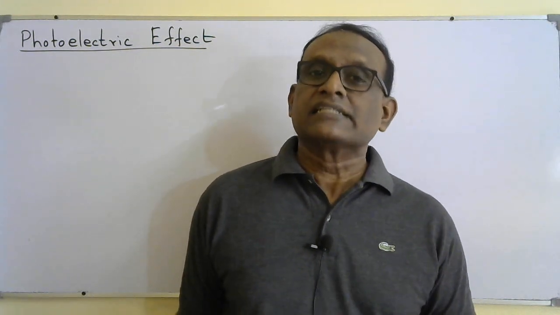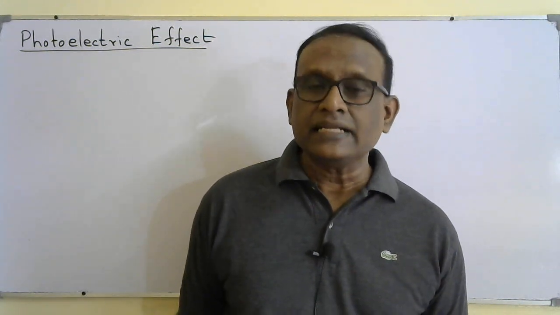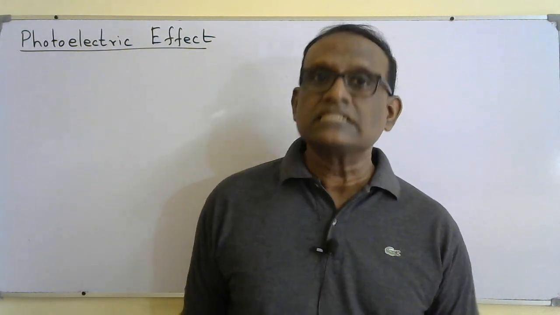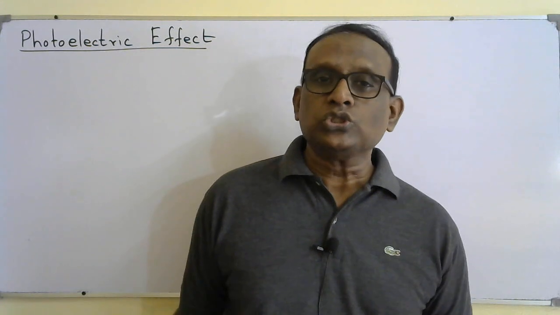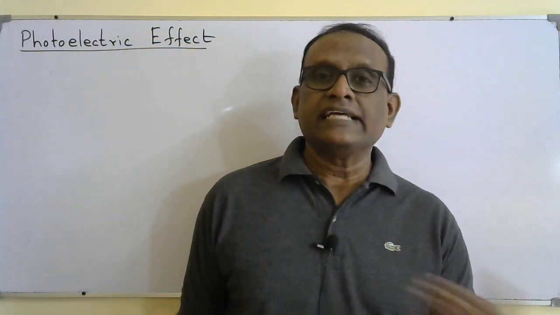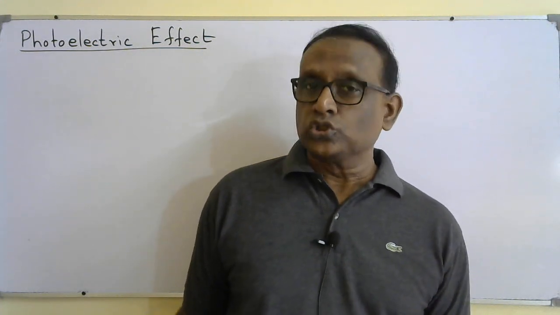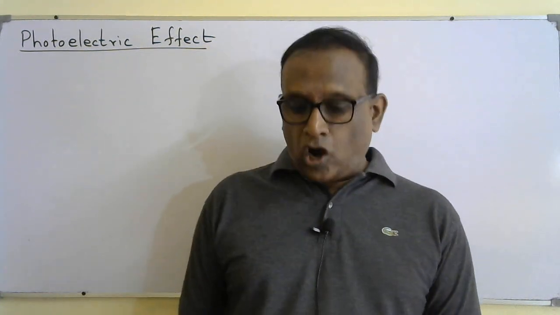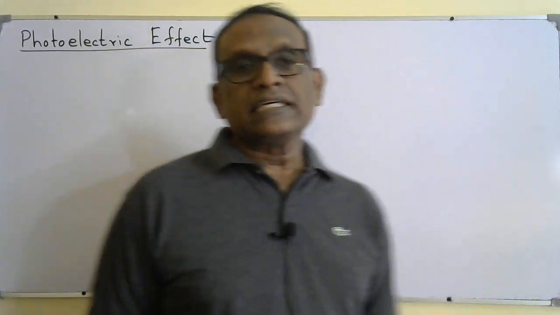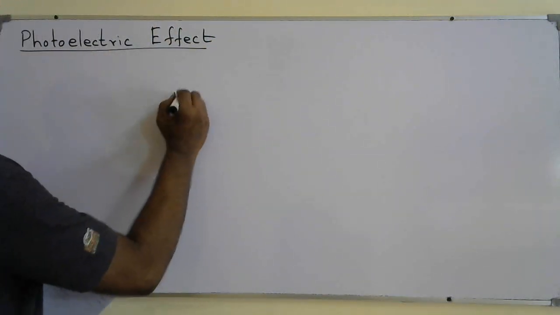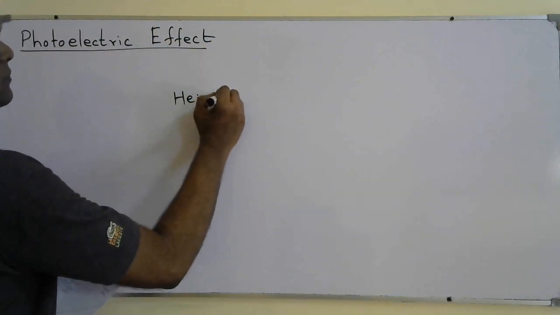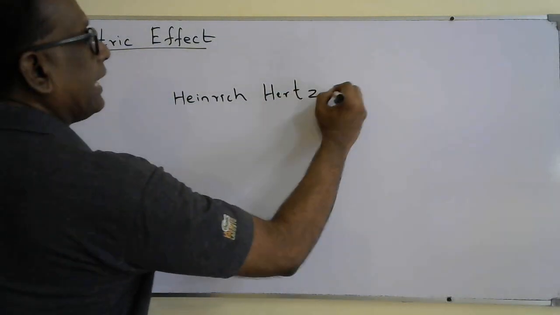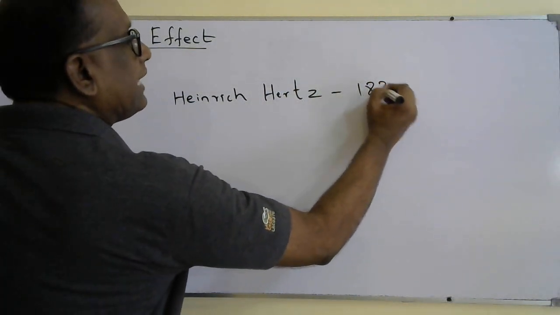The electron which is released from the metal due to electromagnetic radiation is called a photoelectron. This was first observed by Heinrich Hertz in 1887.